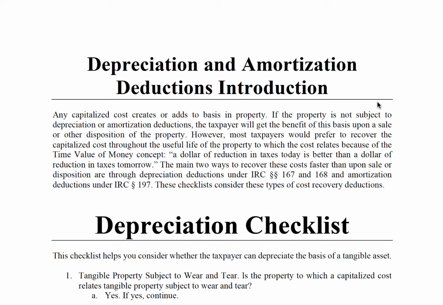The best way to think of basis is think of property that you purchase at one time and you sell that property later on, or you exchange it later on. You shouldn't be taxed on at least the value you initially brought into this imaginary storage pot of capital.